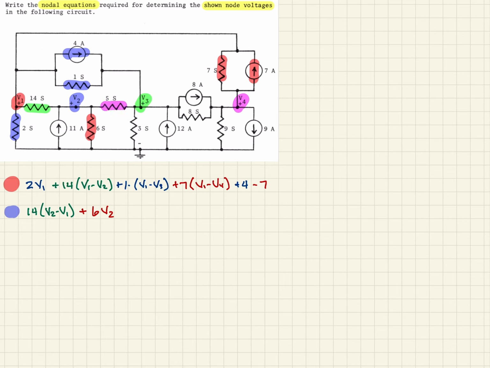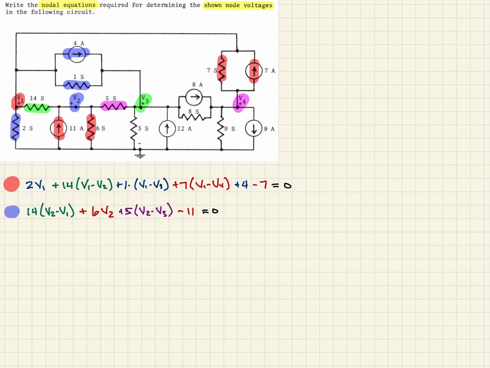And so that's going to be 5 times V2 minus V3, the difference in the voltages again. And so then all we're left with is this current source right here coming into our node. So that means it'll be negative. So then that would be minus 11. And so again, that's all the branches coming in and out of our node. So we can set that equal to 0, just as we could do that one.